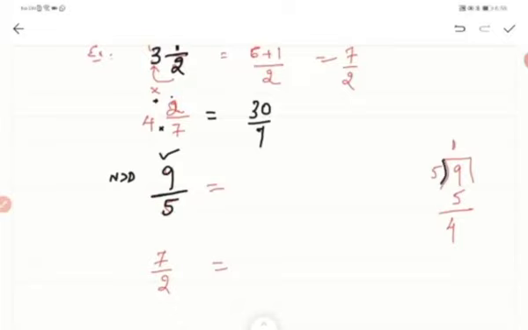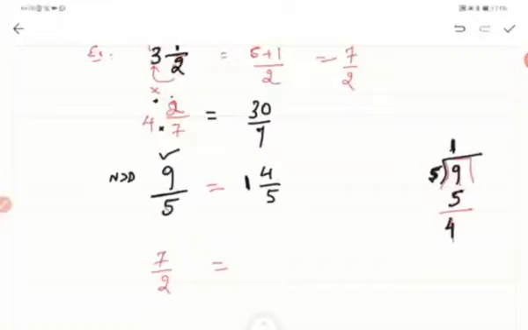So you take 9 and 5. 5 ones are 5. You have a remainder of 4, isn't it? So you write this as your whole, this will be 1. How? 1 4 by 5.